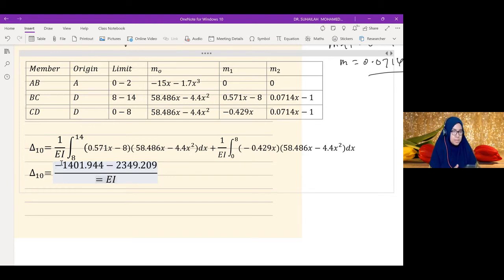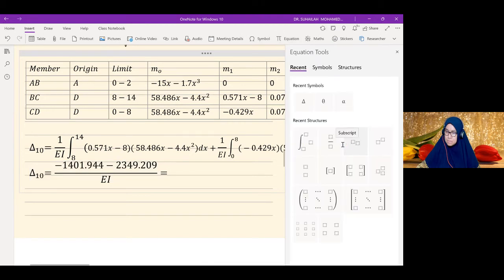So this one equals negative 1401.944 minus 2349.209, which is negative 3751.153 per EI. So this is delta 1 naught.